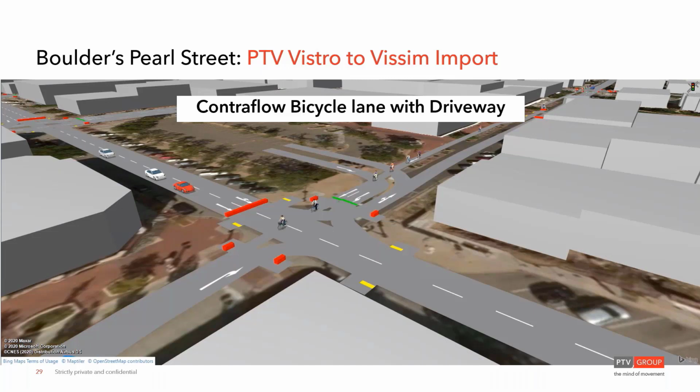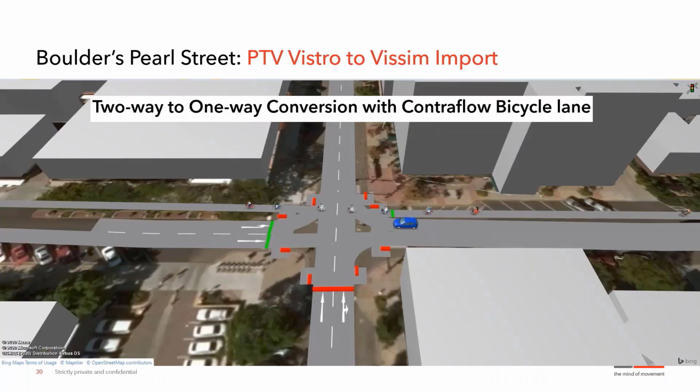I didn't really do anything here. I had to change one connector, I believe, that was just going in the wrong place. But this came in out of the box, basically, into Vistro. I did have to add the bicycles to the model, but that's just an input with one route, so that's not a big deal. And here's the other part of the bicycle lane, coming in from the north part of the model.